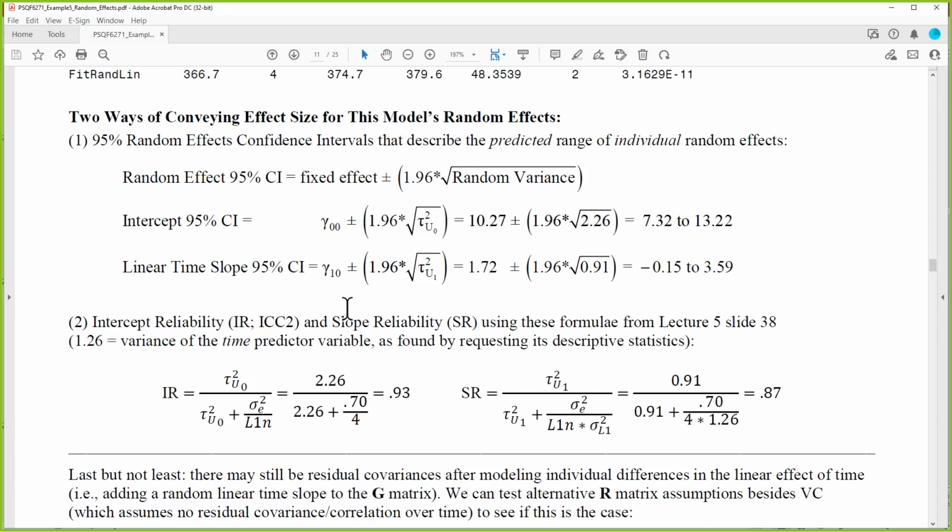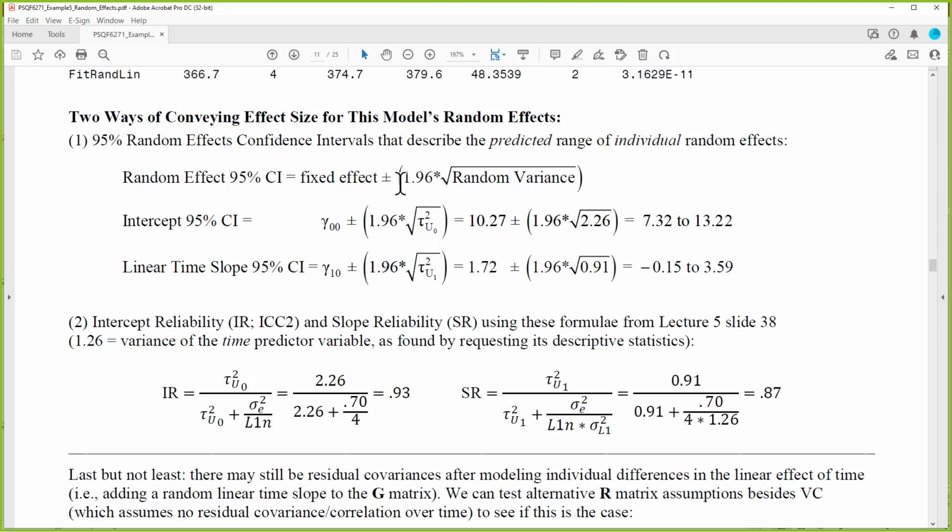We've just said part of the error is attributable to person slope differences, part of the error is attributable to person intercept differences, and part of the error is attributable to the e relative to the lines that are being predicted for each person. So three different sources of error to be predicted by time-invariant predictors. Person-level things will predict the random effect variances, and time-level things will predict the e variances.